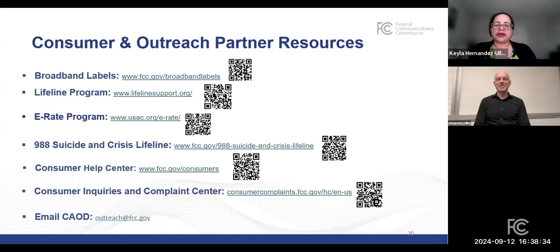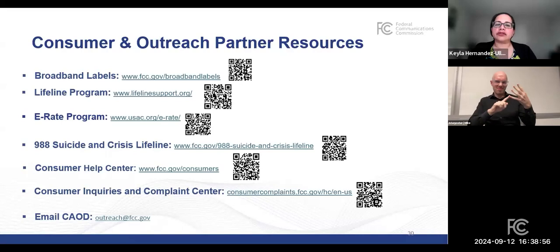Well, here we are with our consumer and outreach partner resources, and we hope that this is useful information for you. I will go quickly through these, but wanted to note broadband labels, Lifeline program, the E-rate program, 988 Suicide and Crisis Lifeline are things we discussed earlier here today.